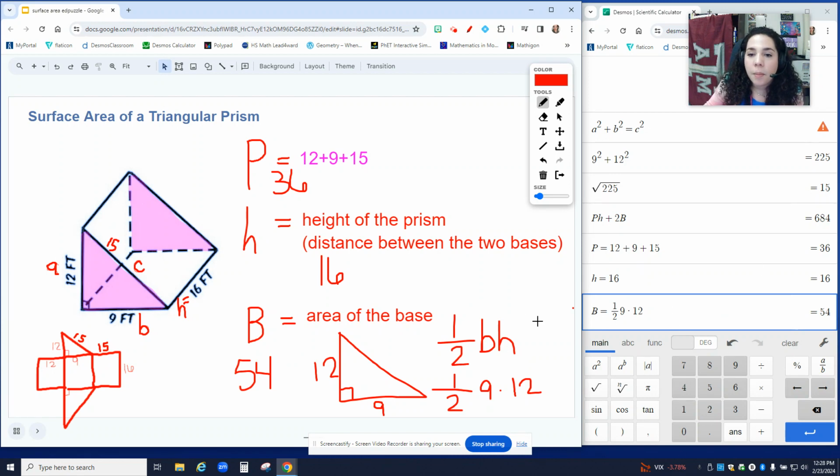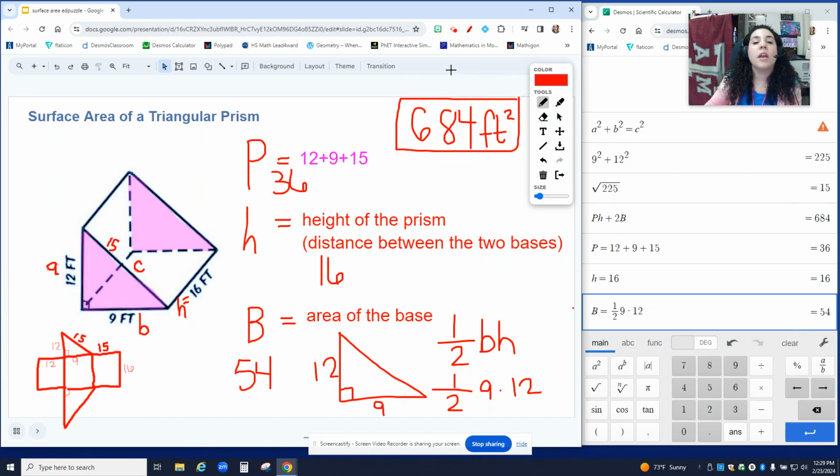Okay, and that comes out to be 684. And in this case, we're using feet, so that's square feet. Area is two-dimensional. So even though we're looking at a three-dimensional object here, when we're talking about the surface area, we're talking about the flat surface, the two-dimensional flat surface. So our answer is going to be in square feet.